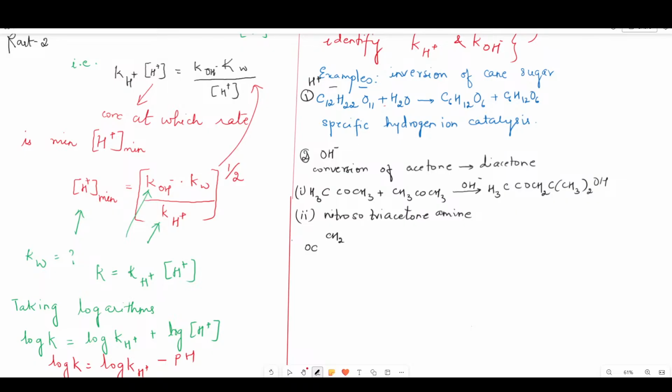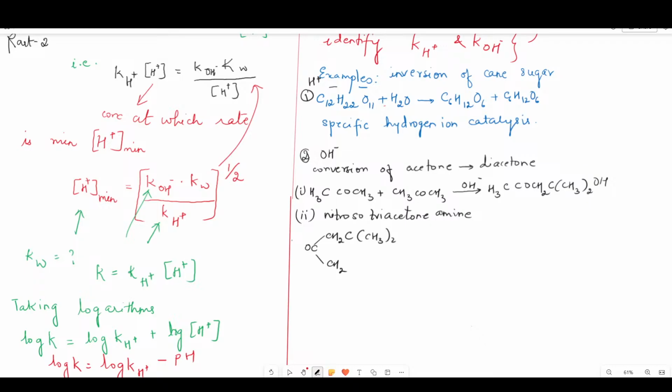CH2 C CH3 twice, these are all bonds, here also these are all bonded.